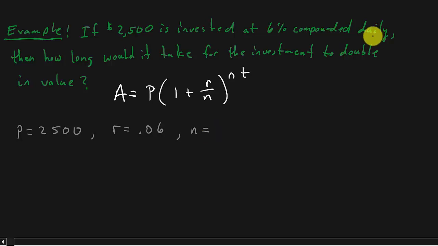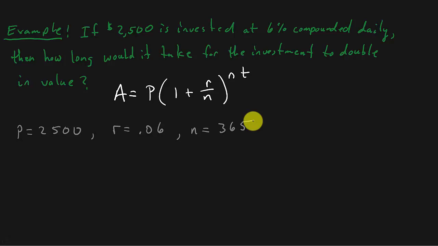Well, this is compounded daily, so that's 365. If you remember from previous videos, if it's compounded monthly, N would be 12. Compounded semi-annually, N would be 2. Compounded quarterly, N would be 4. And compounded annually, N would be 1.